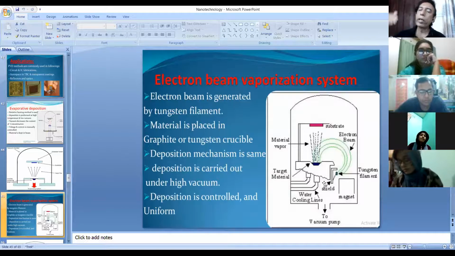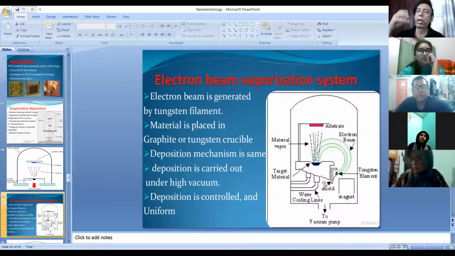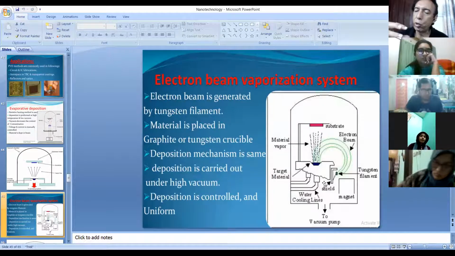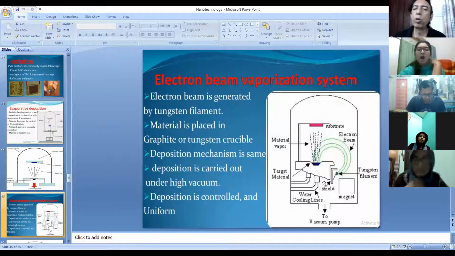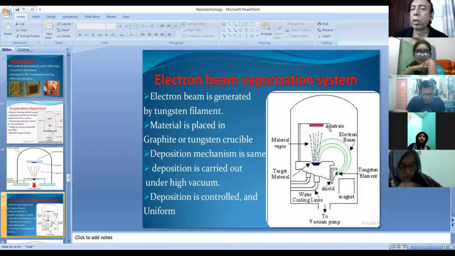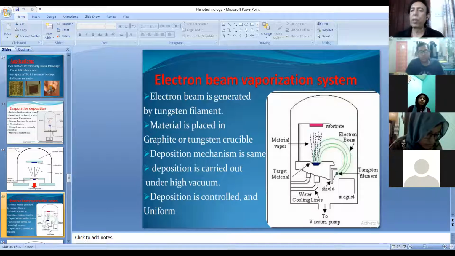When it bombards the target material, an amount of heat is produced, which evaporates the target material, which will go to the substrate and make the thin film. This is the electron beam vaporization technique.